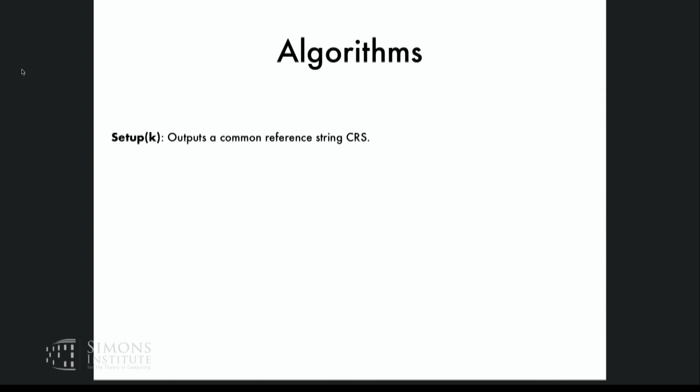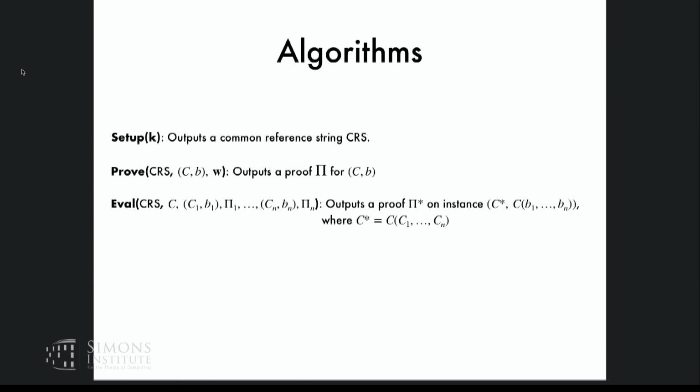So what are the algorithms associated with this proof system? As in a zero-knowledge proof system, you have the setup algorithm that outputs a common reference string. There's a proof algorithm that outputs a proof for some instance. And the eval algorithm, which is different from existing proof systems, takes as input a CRS. It also takes as input the circuit that you're using to compose.